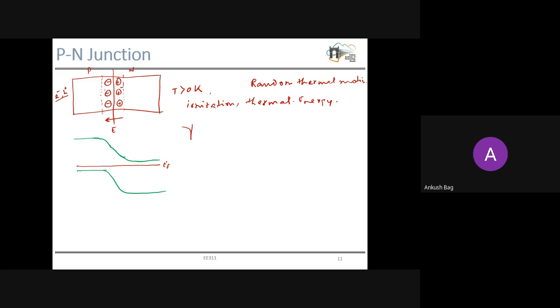That is why, once again, the Fermi level is closer to our valence band and far away from our conduction band, because this is p type. Again, this is not exactly the same. So this is the depletion region. Once again, inside, the Fermi level is closer to the conduction band and far away from the valence band.